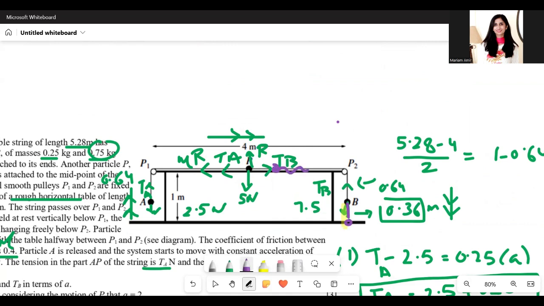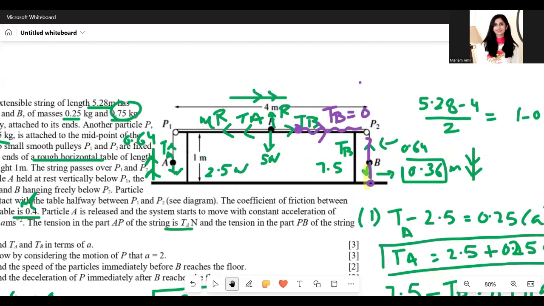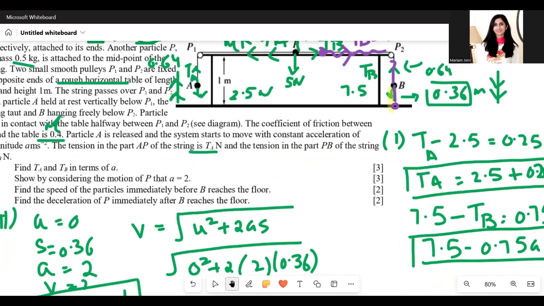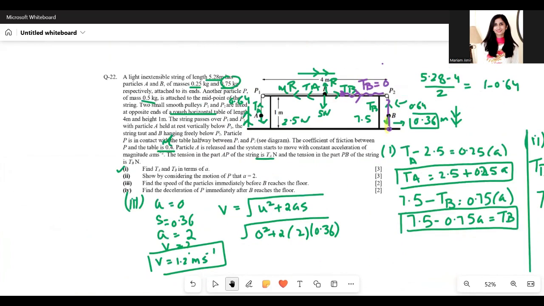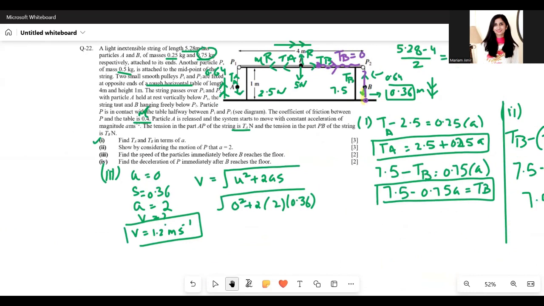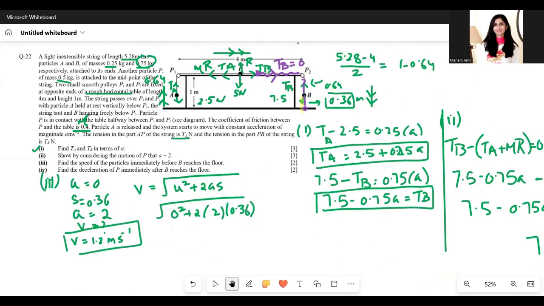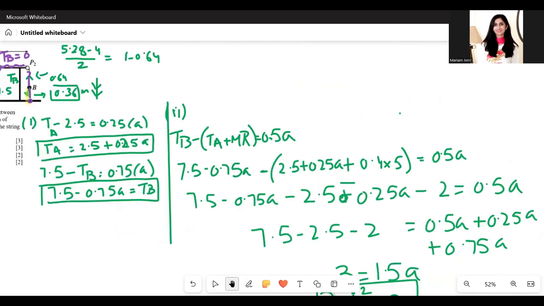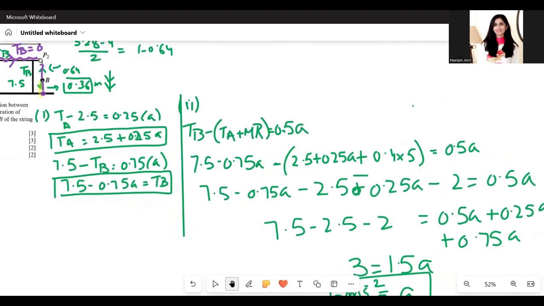So the string will slacken. And now TB is 0, not TA. Only TB is 0. So we will have to use Newton's second law again at P and make TB 0.